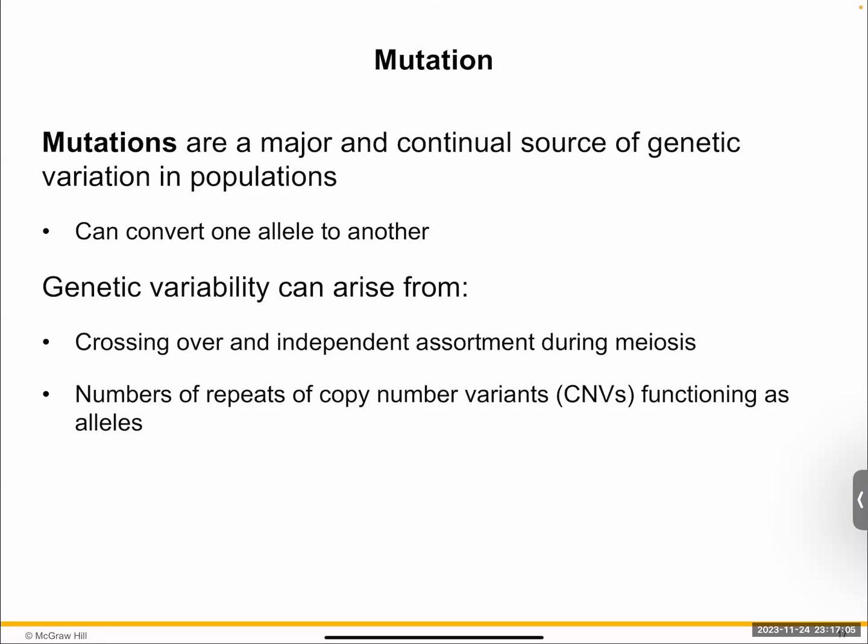In some cases, the mutation can cause one allele to change to another, and therefore change the frequency of alleles over time. Now, these variations in the genes may arise from things like crossing over and independent assortment, which again, we talked about in Mendelian genetics. If you don't recall it, please go back and review it.